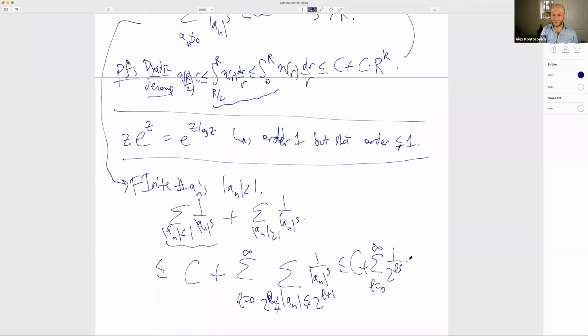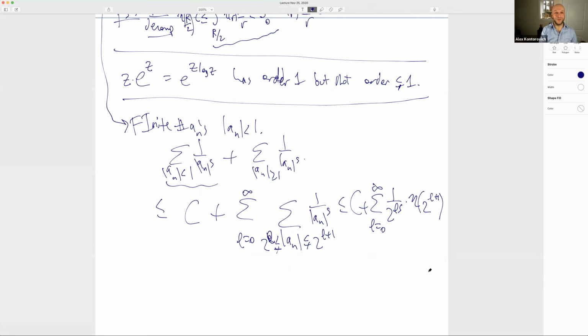And the number of zeros is n of 2 to the l plus 1, crudely. We're overcounting because we're counting in the entire ball and not in the annulus. Okay? But our previous bound says that this grows at most like 2 to the k. So this is a constant, a sum as l goes from 0 to infinity, 1 over 2 to the l s.